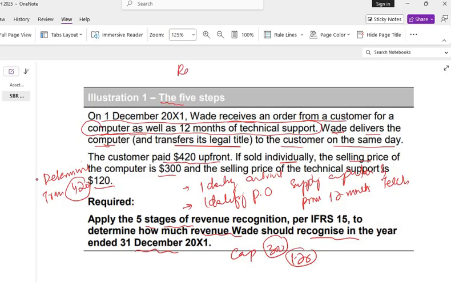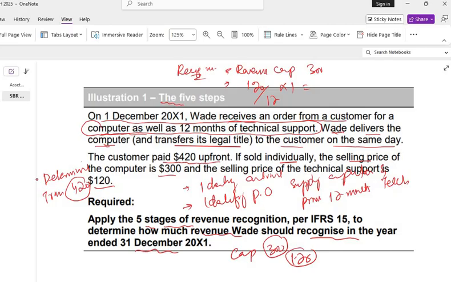Now we have to recognize revenue. The computer is delivered on 1st December 2001. So the control is transferred and we recognize revenue for the computer of 300 on the same day. Now, talking about 31st December 2001, there is 1 month of service already consumed. The technical support is 120 for the full 12 months, so we want to take only 1 month.